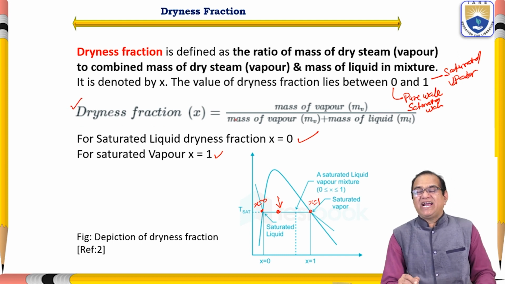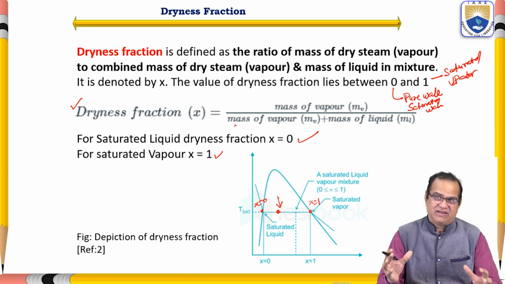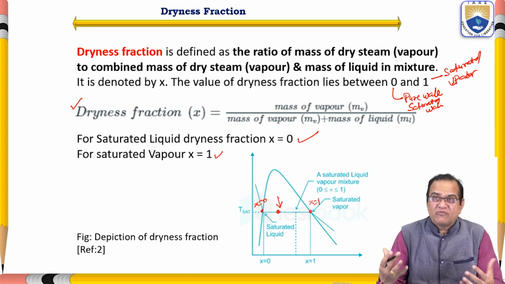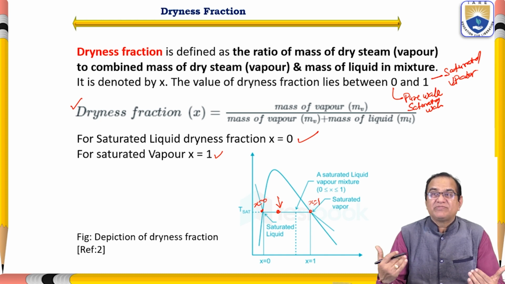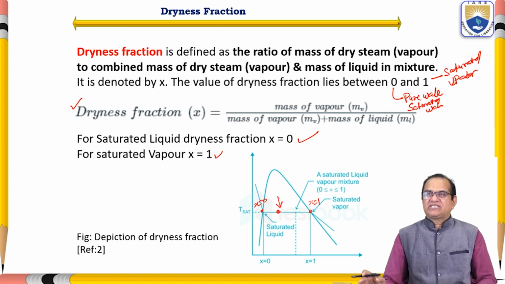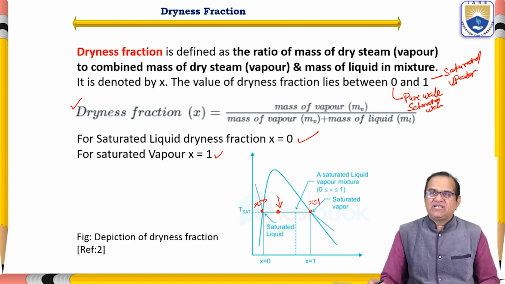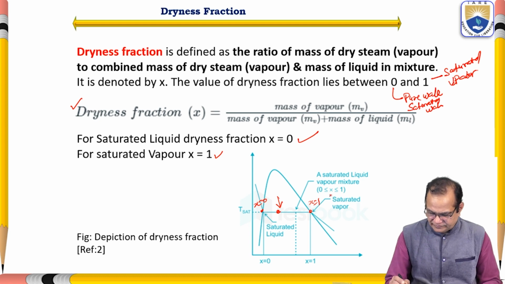This indicates, in the given system, how much is the mass of the vapor and how much is the mass of the liquid, and the value of the dryness fraction x lies between 0 and 1.